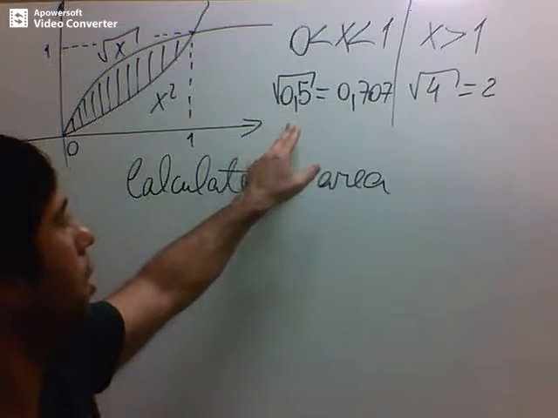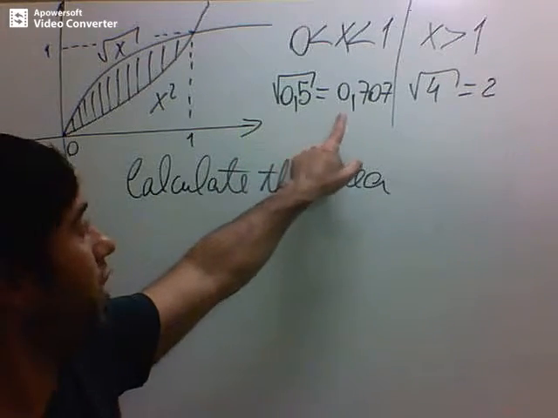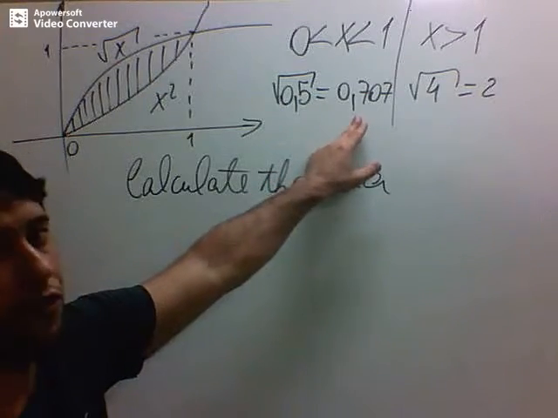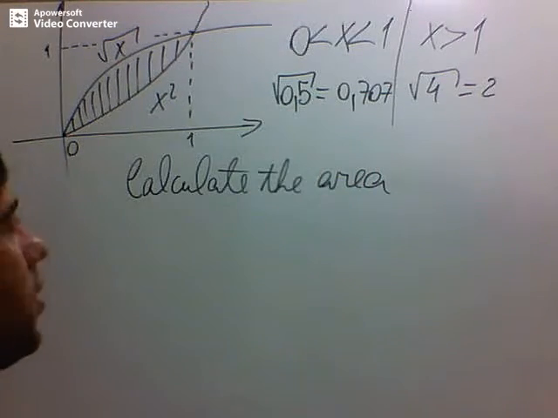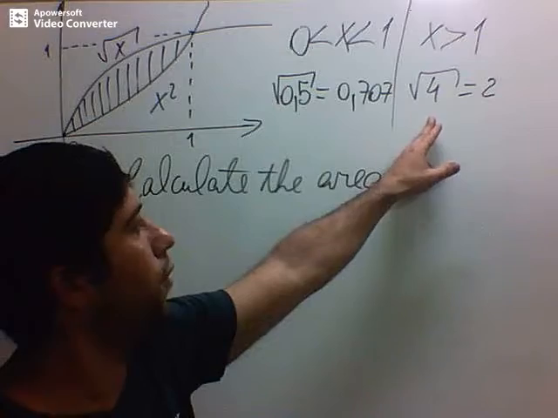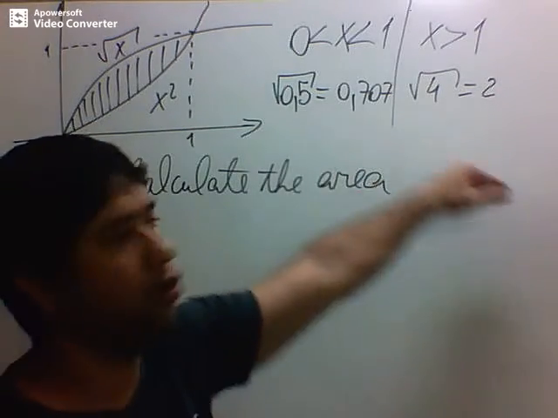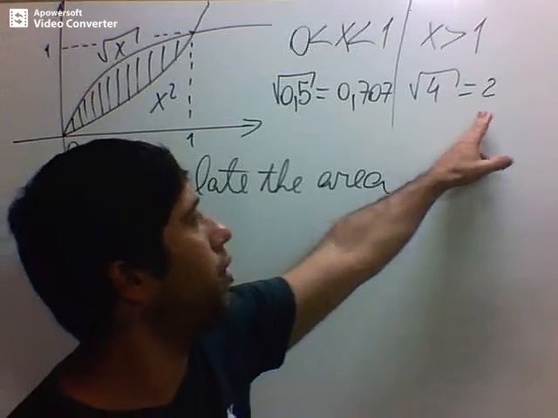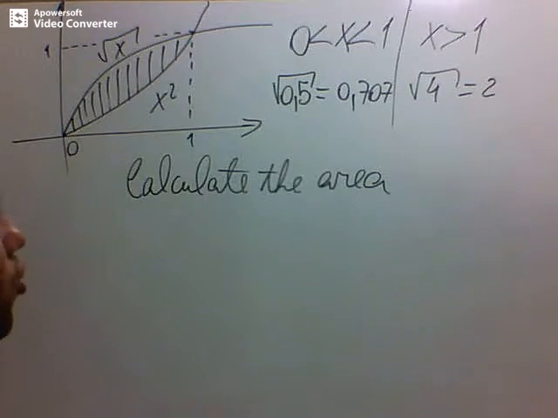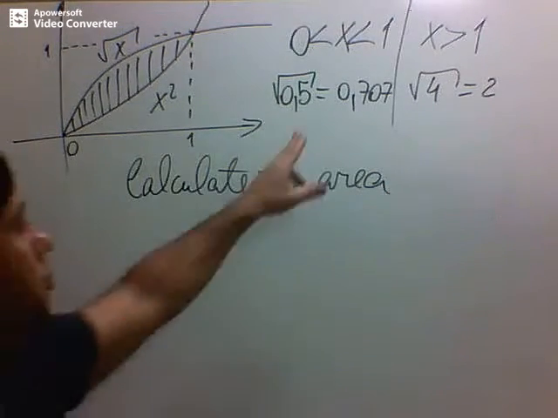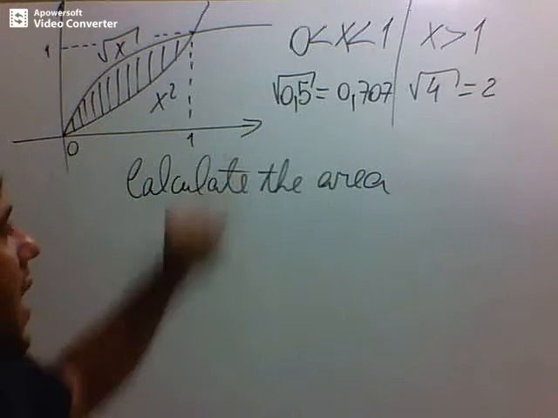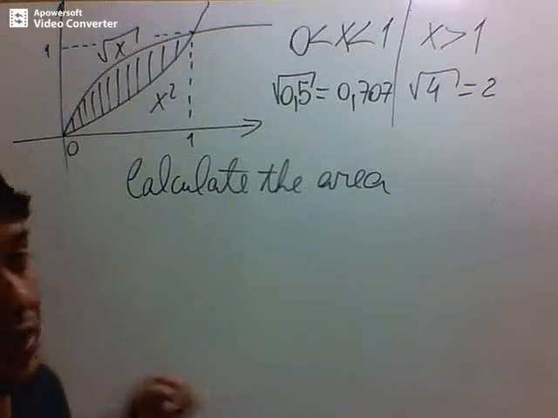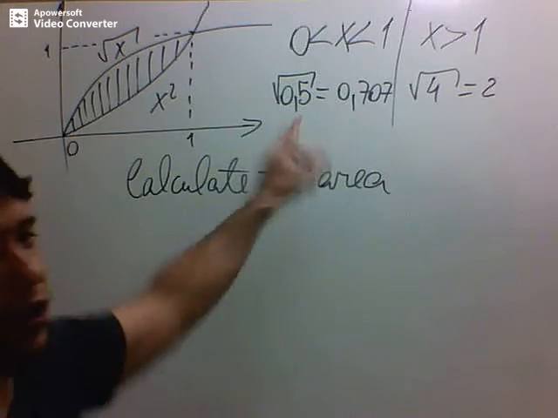The square root of 0.5 is 0.707, which is a number that is greater than the original number. And for a number greater than 1, the square root of 4, for example, is 2. So we know that from 0 to 1, the square root of the number is greater than the original number.